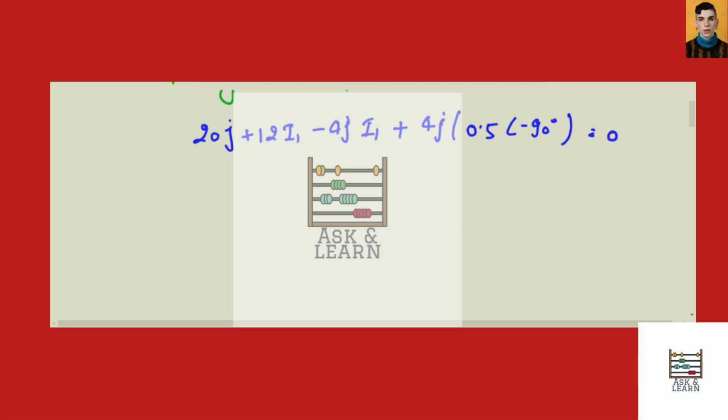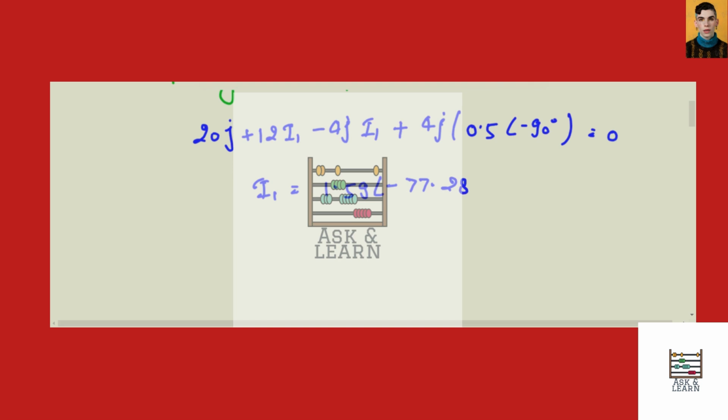If you solve this equation, just simple calculations are there. You will get the value of I1 is 1.59 angle minus 77.28.